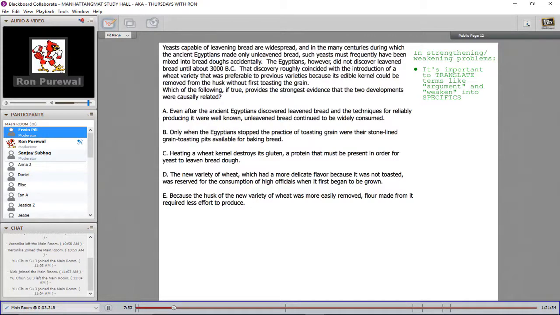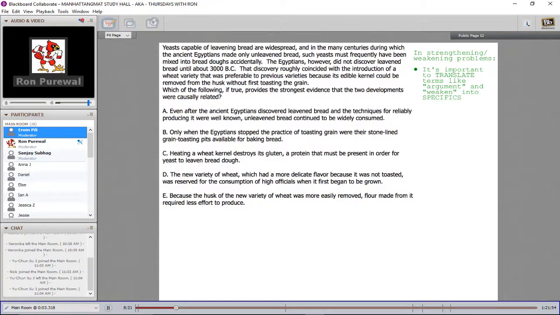You actually want to translate those into specifics. Because when people have conversations about stuff, people don't have conversations in terms of, how would you weaken this argument? Right? People talk about things that are things. People talk about specifics. So that's an important thing to do right off the top.